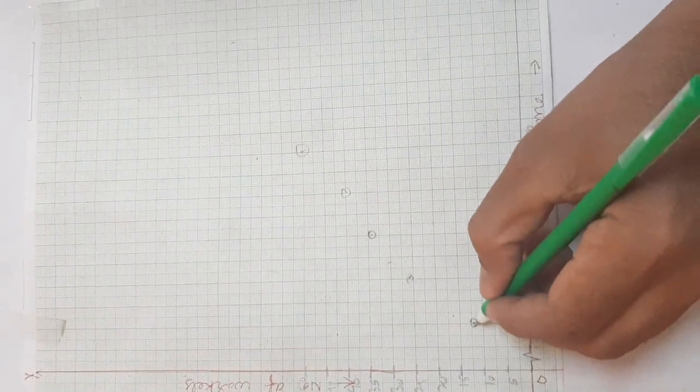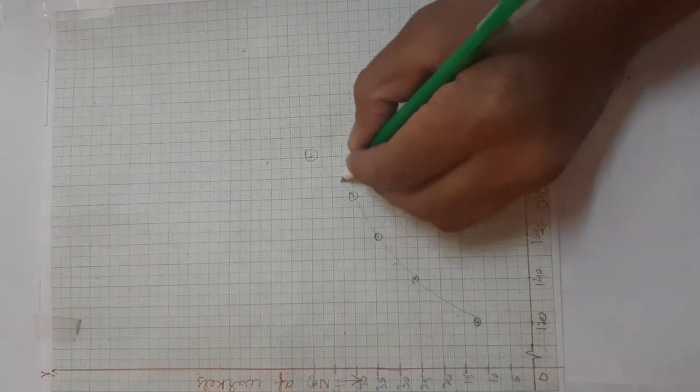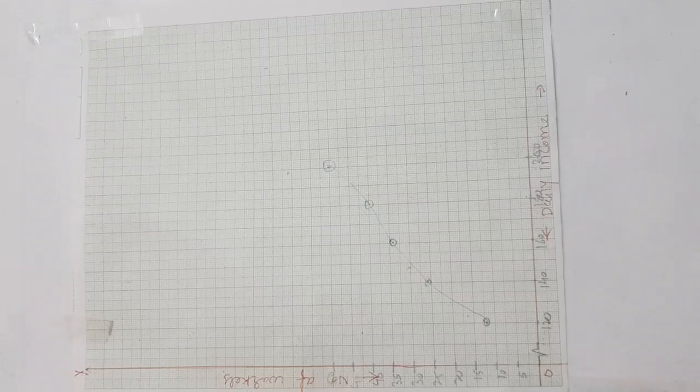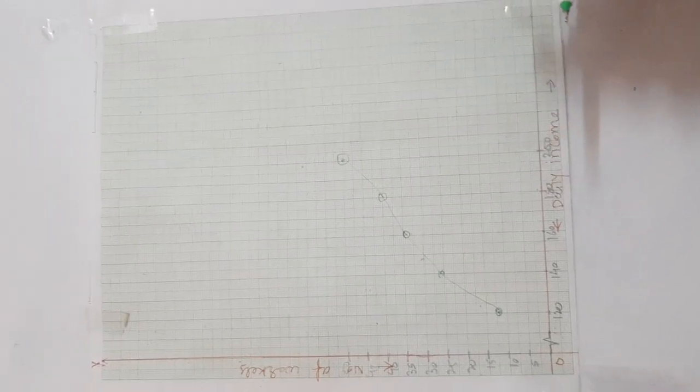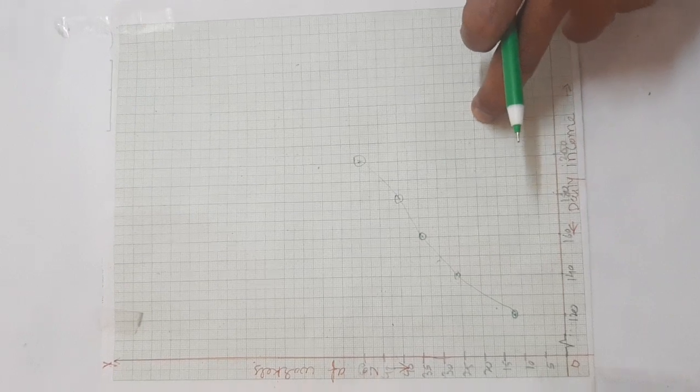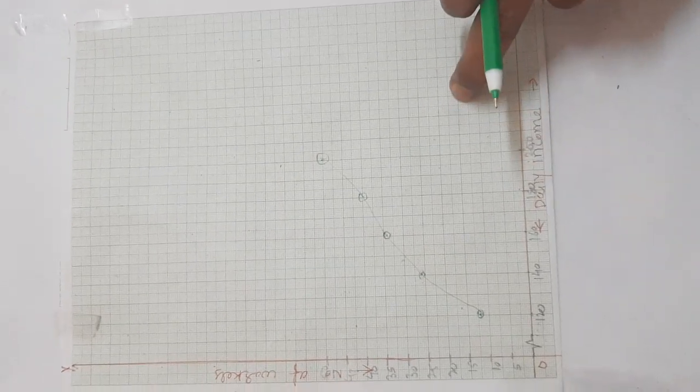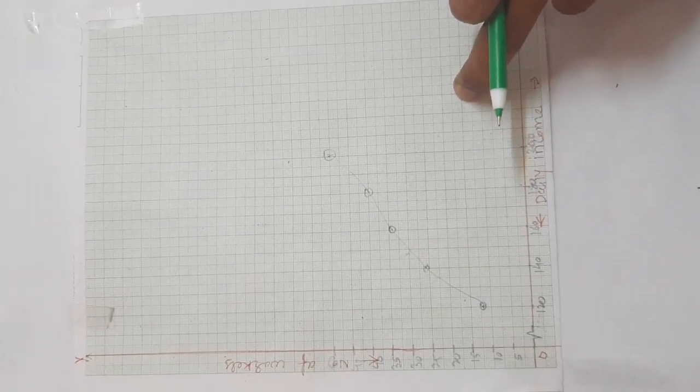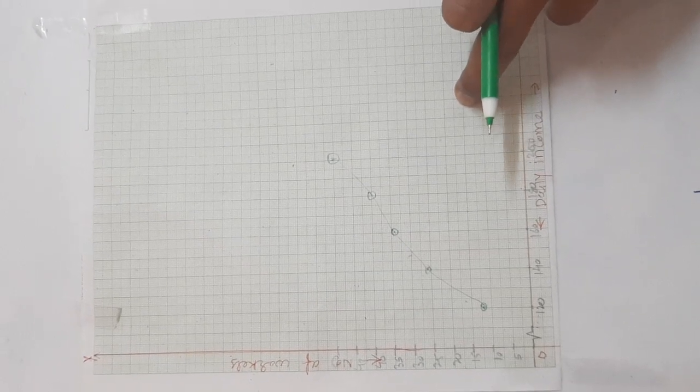You can see here it forms an alphabet S. So this is the way to plot a less than ogive when a frequency distribution is given.